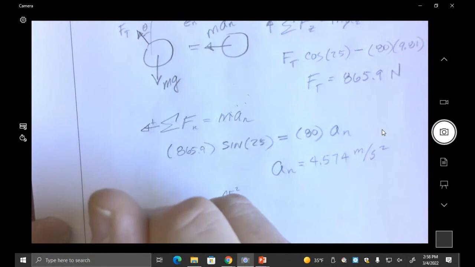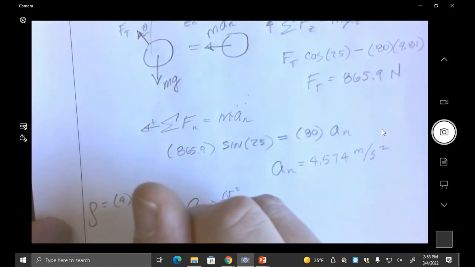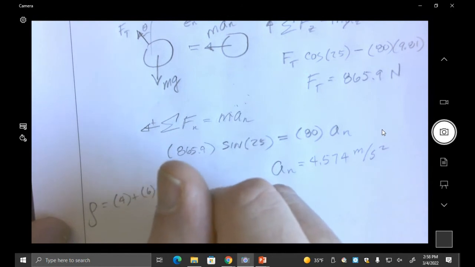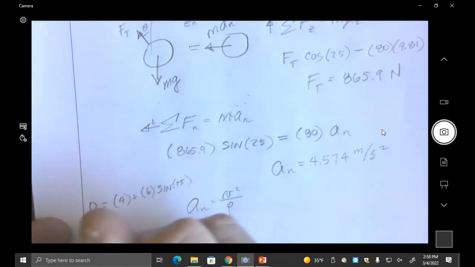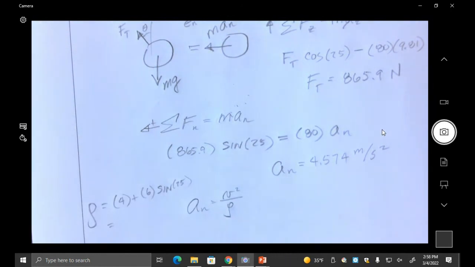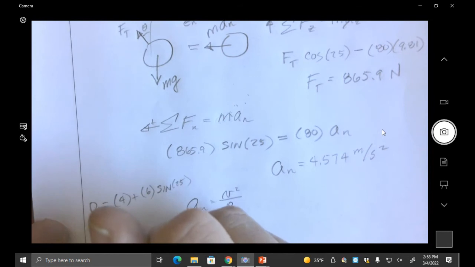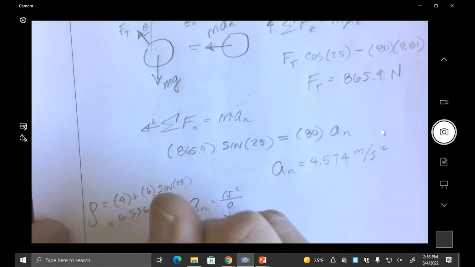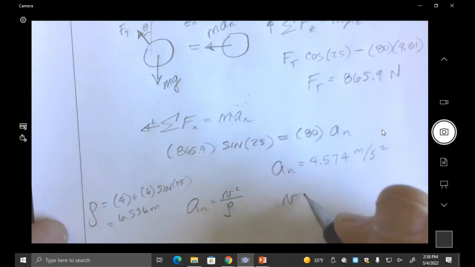Rho is going to be 4 plus 6 times the sine of 25, so that's 6.536 meters.